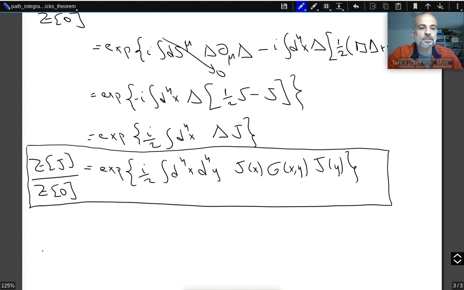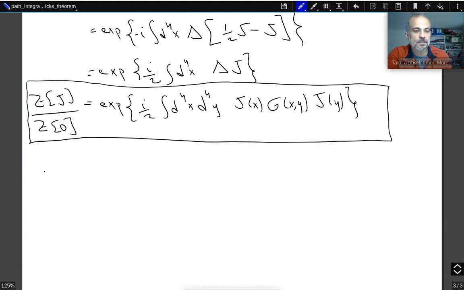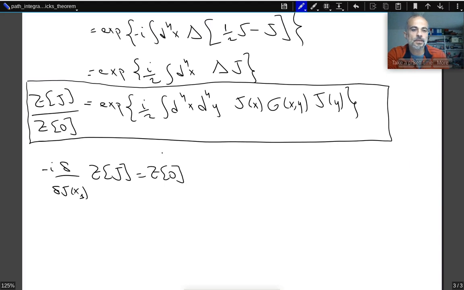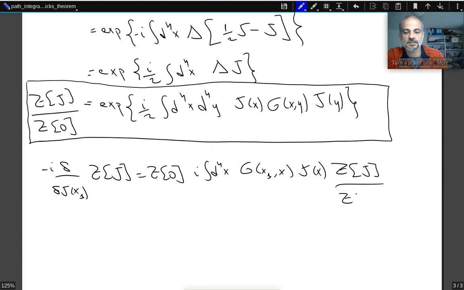Now let us take the derivative of both sides with respect to J. Minus i derivative with respect to J of x1 of Z of J will be Z of 0 times the derivative of this exponent. Well, it will just give me an i d4x G of x1 x J of x times the exponent, which will be just Z of J over Z0.